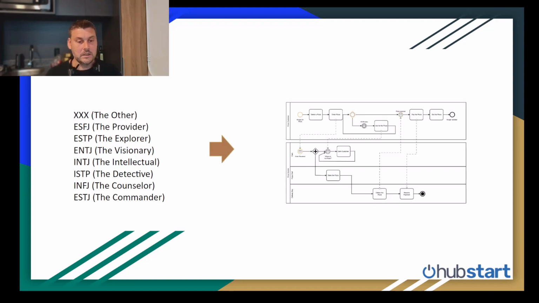The standard profiles that we use, not exactly, are the ones shown on this screen. So we have the provider, the explorer, the visionary, the intellectual, the detective, counselor, commander. These are the profiles that you get as sales personas.